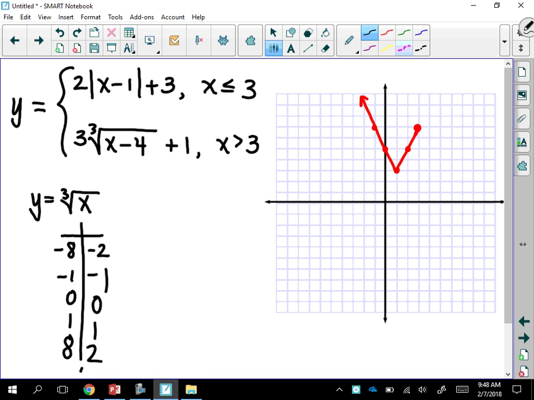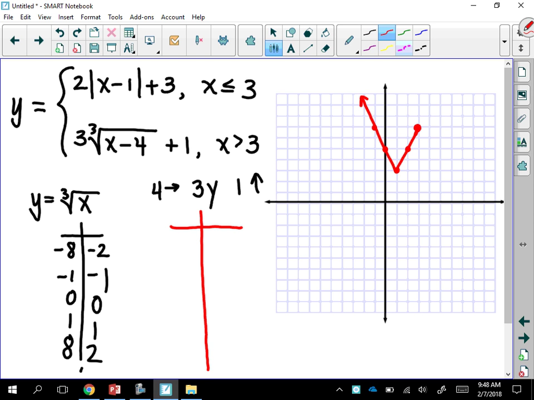Okay. What am I doing to this parent function based on this equation? All right, good. Right 4, times 3, 1 up. Okay.